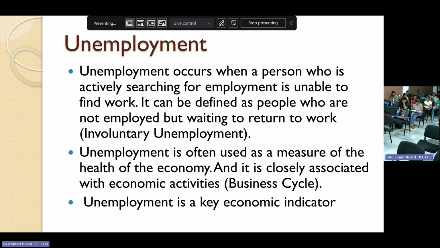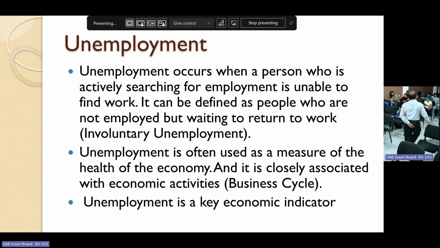That is involuntary unemployment. There are two types, voluntary and involuntary, but in economics, unemployment means involuntary. They are actually willing to work.